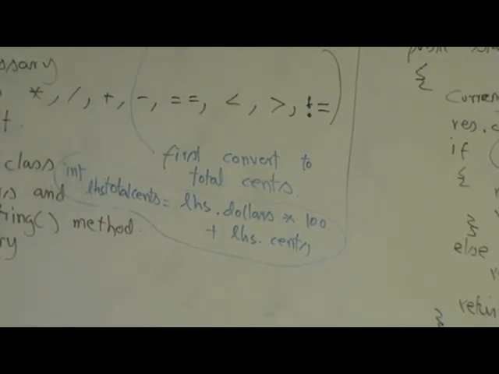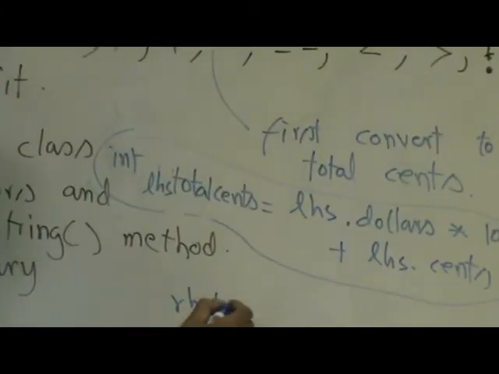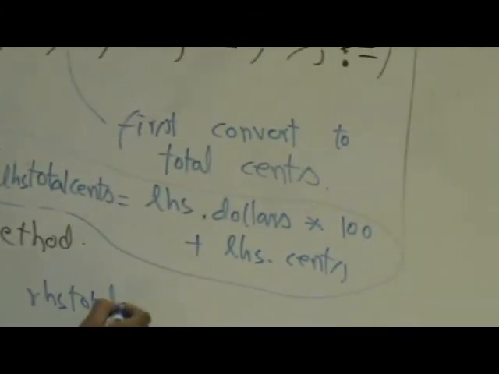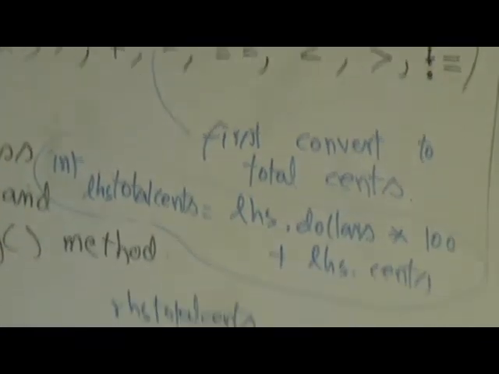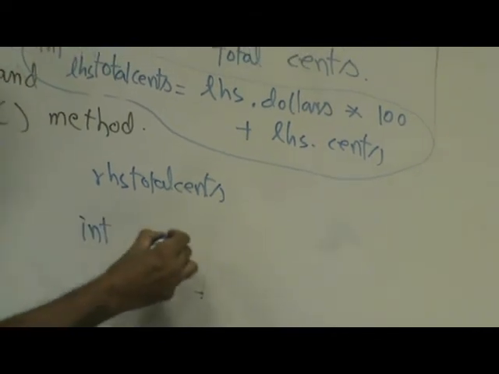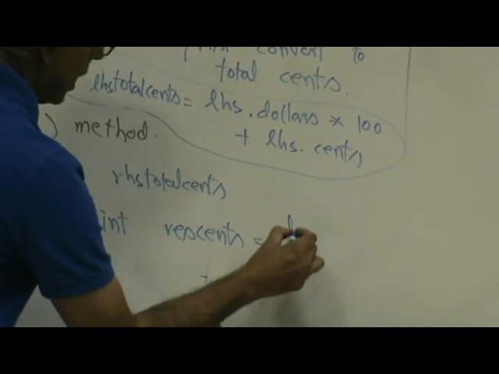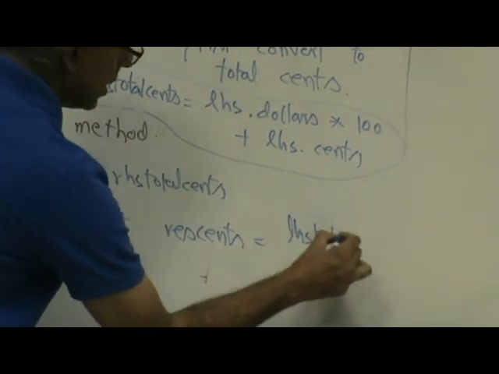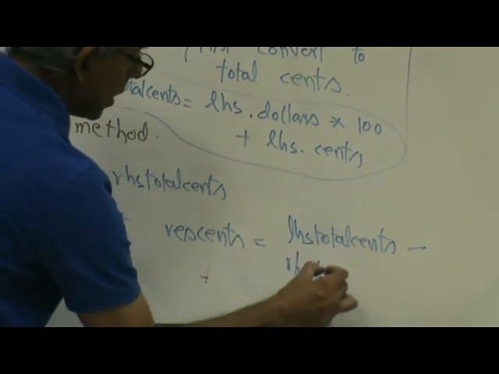How about that? Okay. So very similarly, you will find right-hand side total cents by the similar formula. Multiply this by 100 and add this. Okay. Then in result cents will be LHS total cents minus RHS total cents.